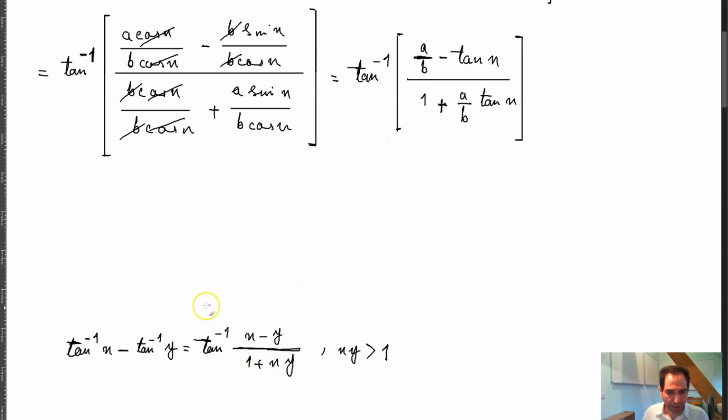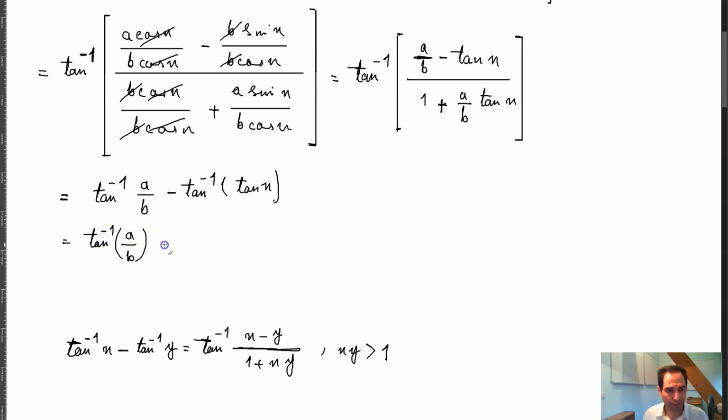Now you can compare the right side of this equation to this expression, and therefore you can write it as the tan inverse of a by b minus the tan inverse of tan of x, which is equal to the tan inverse of a by b minus x. And that is the simplified version of that expression.